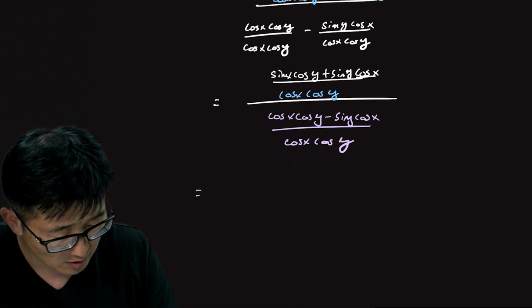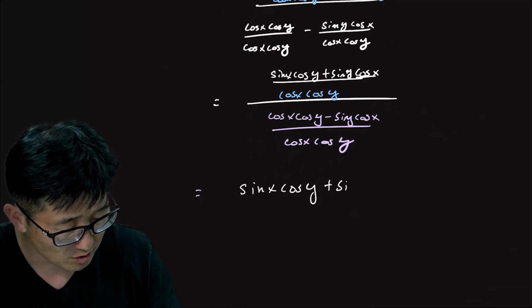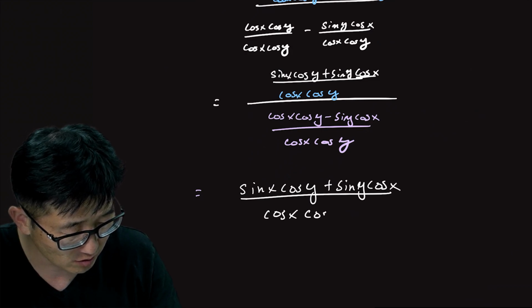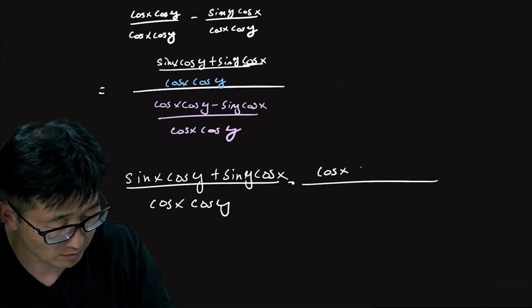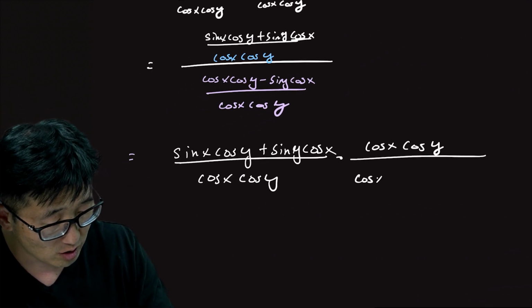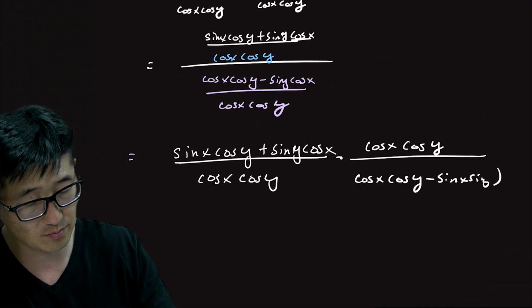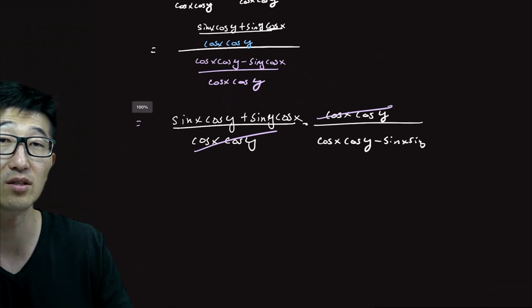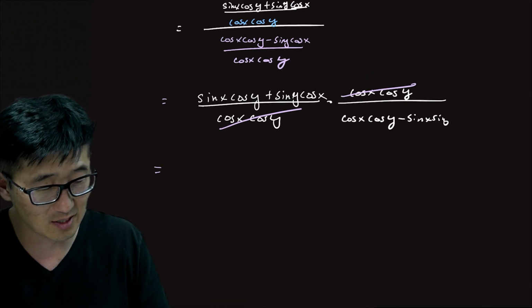So this would be sine x cosine y plus sine y cosine of x all over cosine of x cosine of y times cosine of x cosine of y minus sine x sine y. Your hand must be screaming by now because it's so much work writing this out. Okay, and then we cancel, cancel. Ta-da, see it? Now we're almost done.